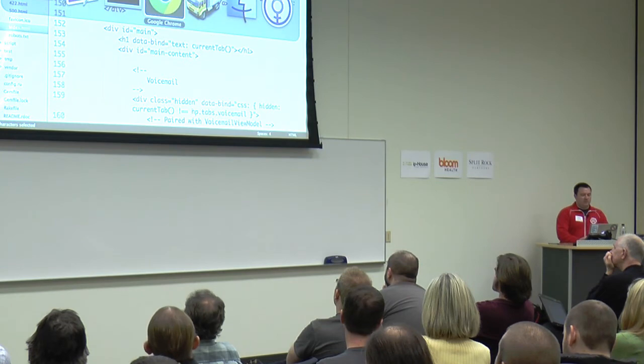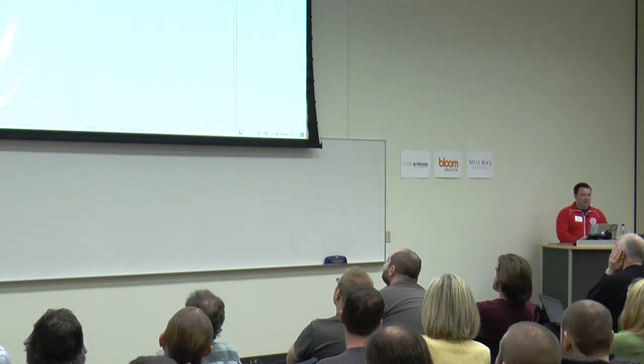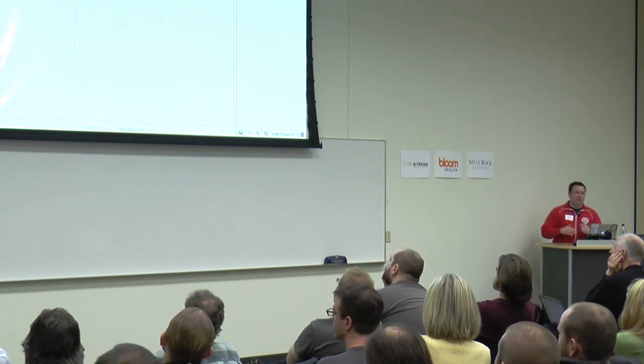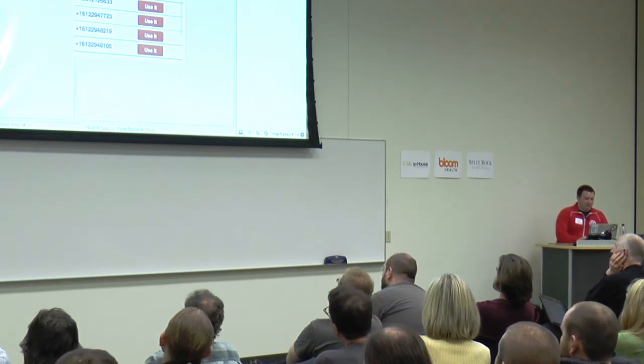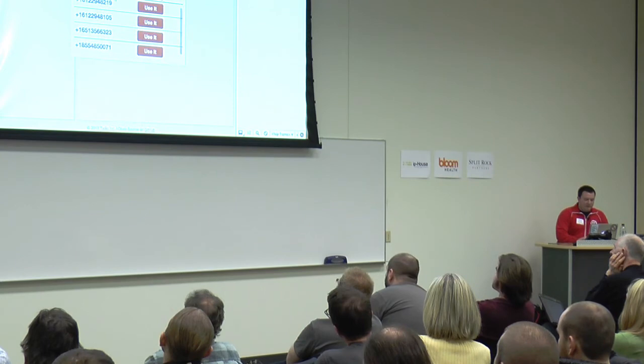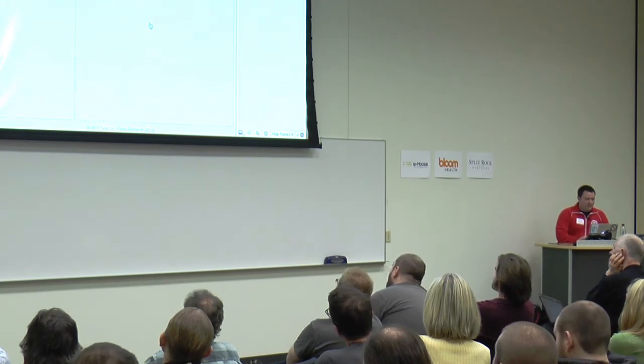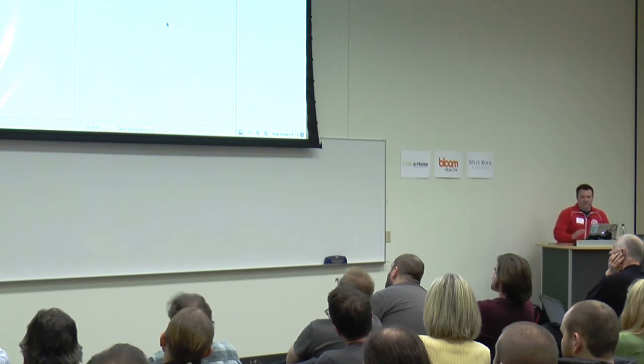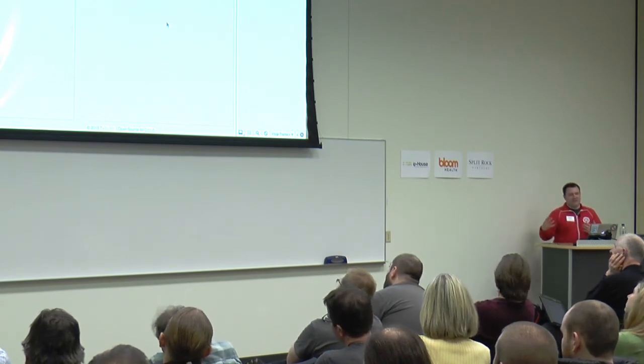So if we go out there, I can remind you where that is. Whichever Twilio number I select to use is being rendered to the UI right there. And then if I go to this set up a new number UI and scroll around my available options, I can click on one of those, and then my number automatically updates. And that data binding is the value proposition of Knockout.